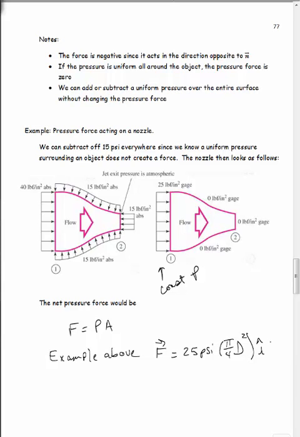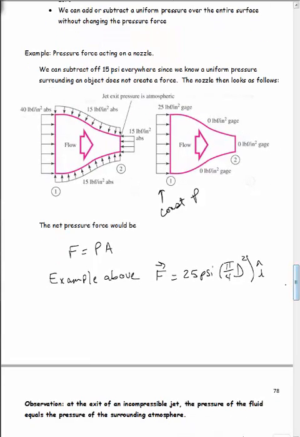Okay, and that's the way you're usually going to do this. Fairly simple.